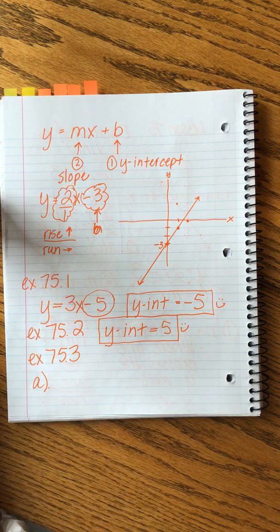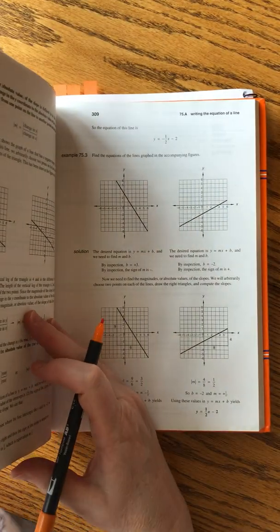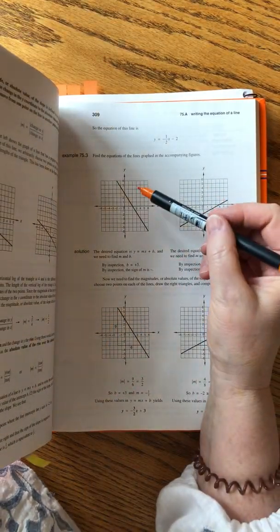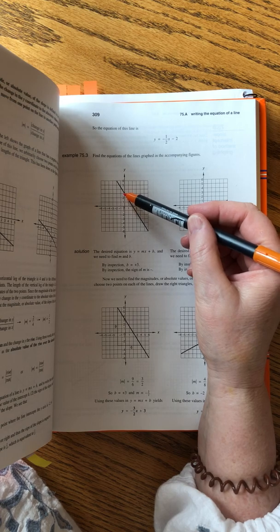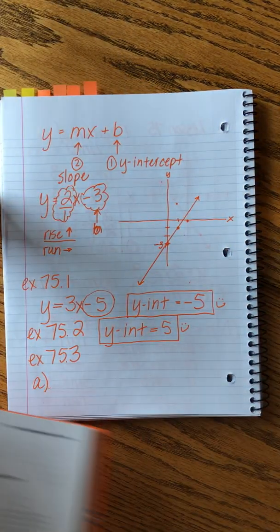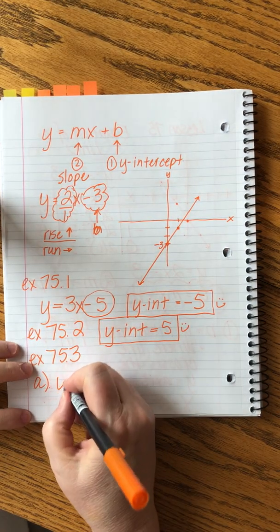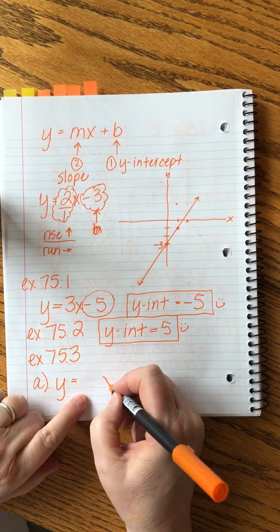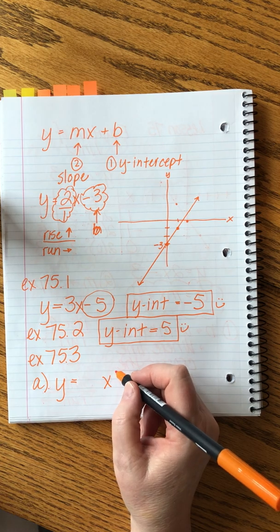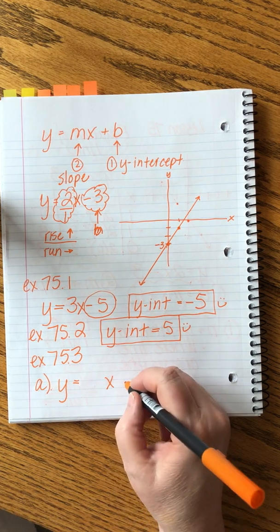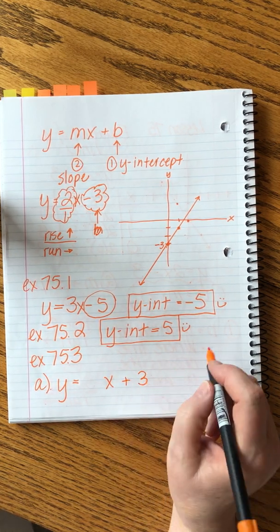Okay, so the first thing we want to find out when we look at the picture and try to figure out what the line is, is where it crosses the y-axis, right there at positive 3. So we know that for this first one, it's going to be y equals something x plus b, our y-intercept, and the y-intercept we saw was positive 3.